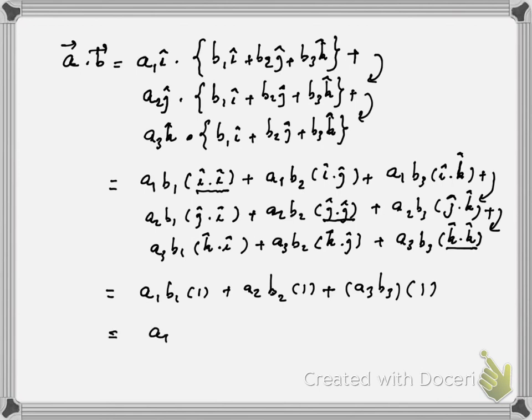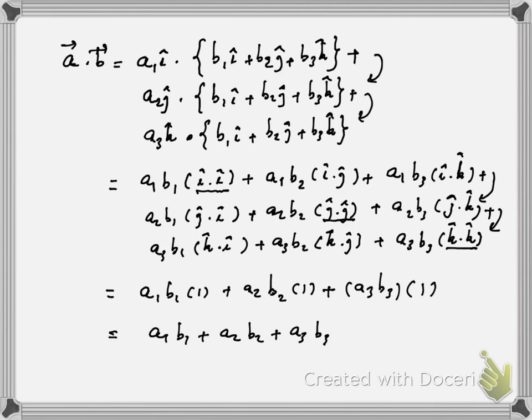So result will be a1 b1 plus a2 b2 plus a3 b3. This is how we find dot product if angle between vectors is not given.